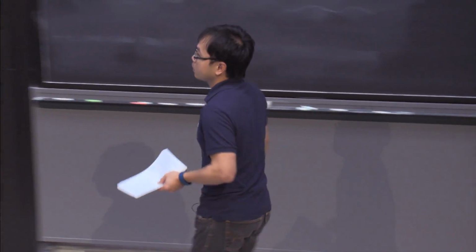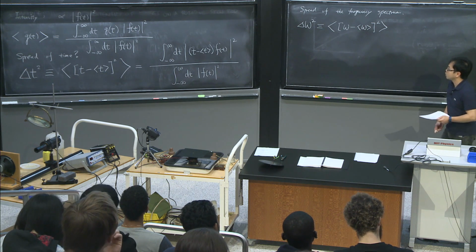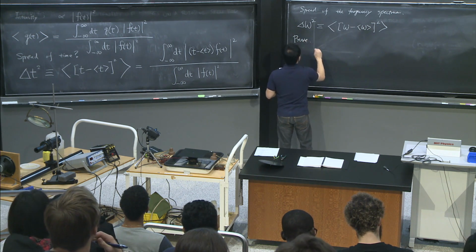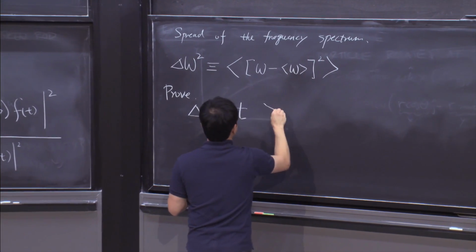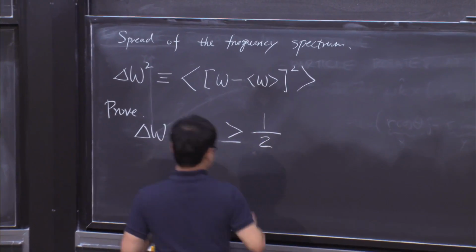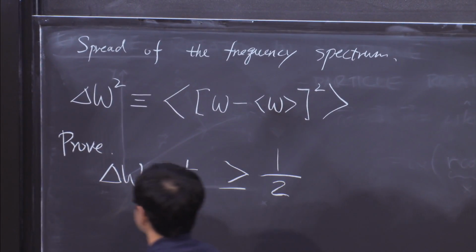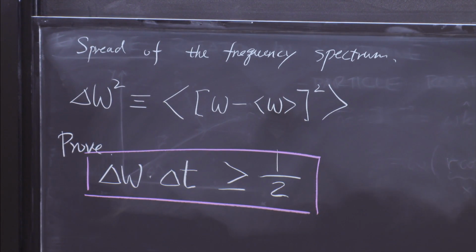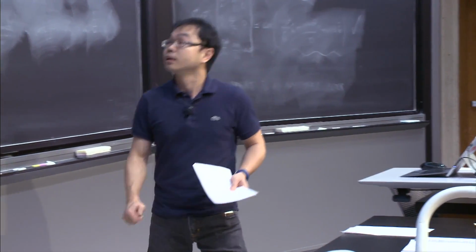Therefore, based on this mathematical definition, our goal is now to show that we can actually prove that delta omega times delta t will be larger than or equal to 1 over 2. That is an interesting consequence of this definition of spread, which we can achieve in the lecture today. So that's our goal, and we are going to try to achieve it.